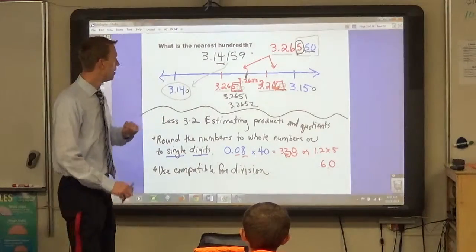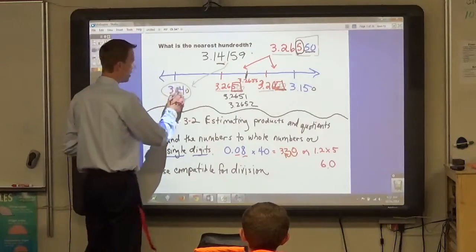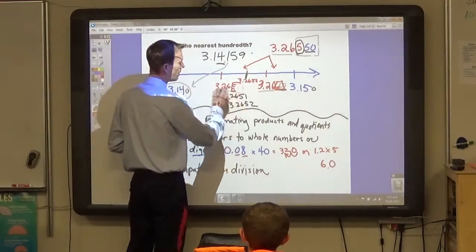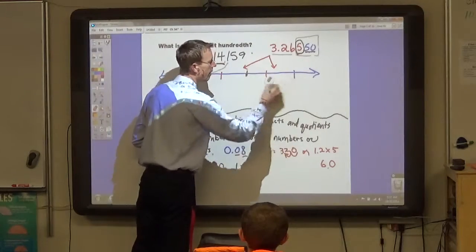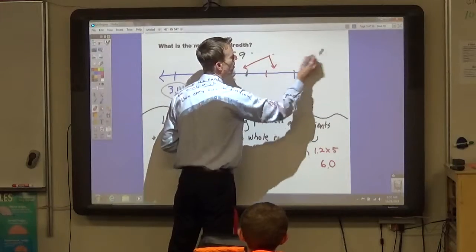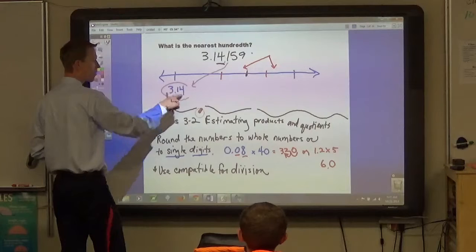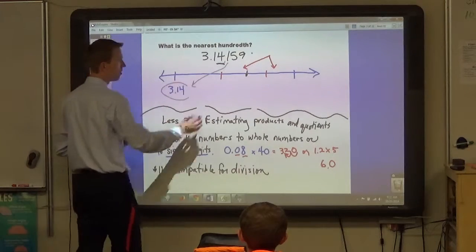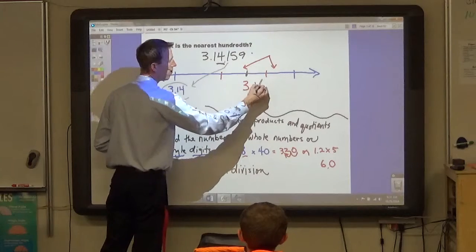There's another type of problem that you're going to be asked to figure out. Let's erase some of this. What are the numbers between numbers? In other words, what number could come between 3.14 and 3.15?